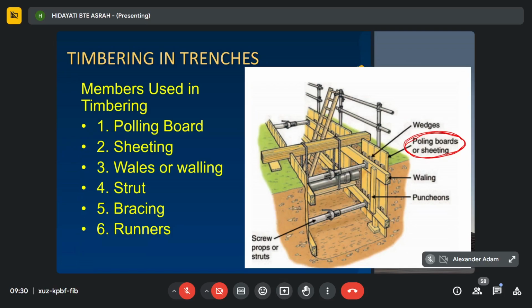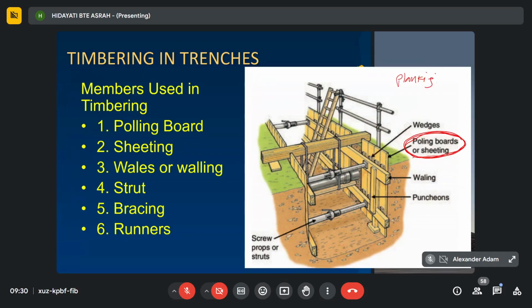This polling board or sheeting is in direct contact with your soil after you excavate, and usually it is arranged in a vertical position. Sometimes we call it planking.